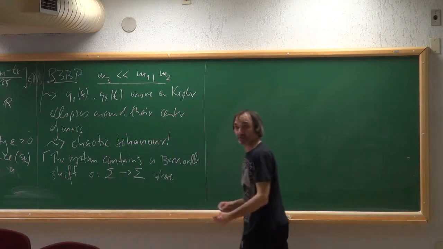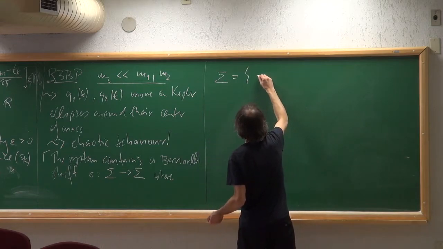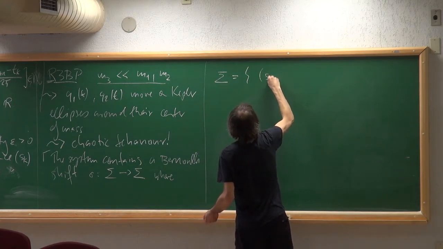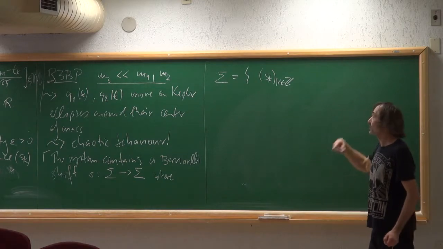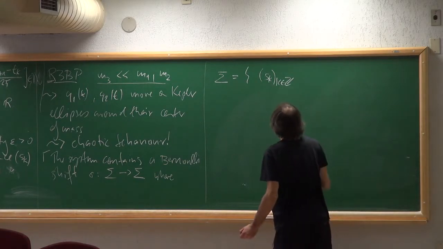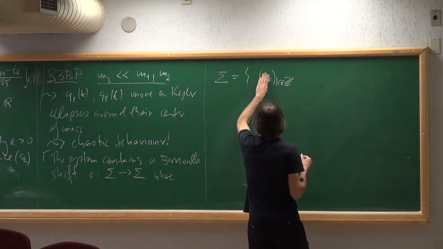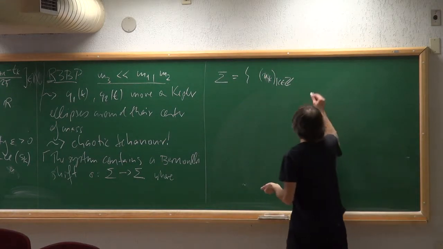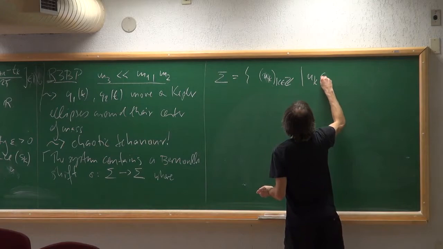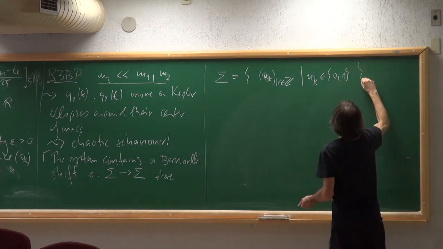So what is this abstract space, capital sigma? Capital sigma is the space of all sequences. You could do it with arbitrary numbers, but the simplest version would just be where you have the numbers 0 and 1. Let me call them u_k, where the u_k are either 0 or 1.